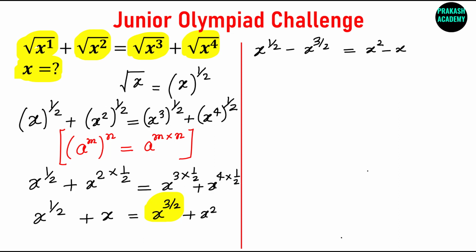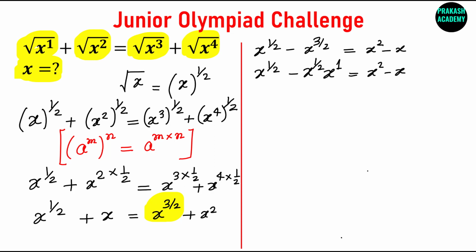Now I can take x raised to the power 1 by 2 common. x raised to the power 3 by 2 can be written as x raised to the power 1 by 2 times x raised to the power 1, and this is x square minus x.